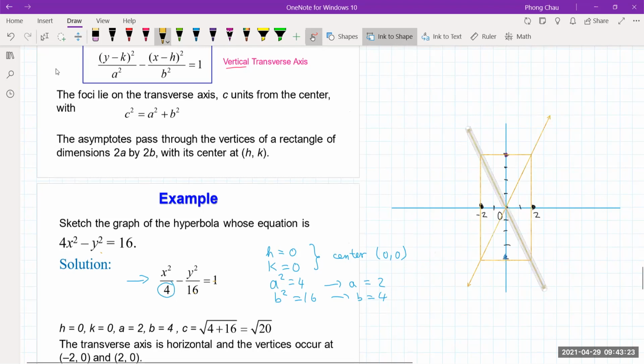So it's through the corners of the rectangle, and therefore it will go through the center as well. See that? All right. And now again, these two are the vertices. So the hyperbola will be, let's see again, there's an asymptote that will serve as an asymptote, and it goes through the vertex, so it's open left and right.